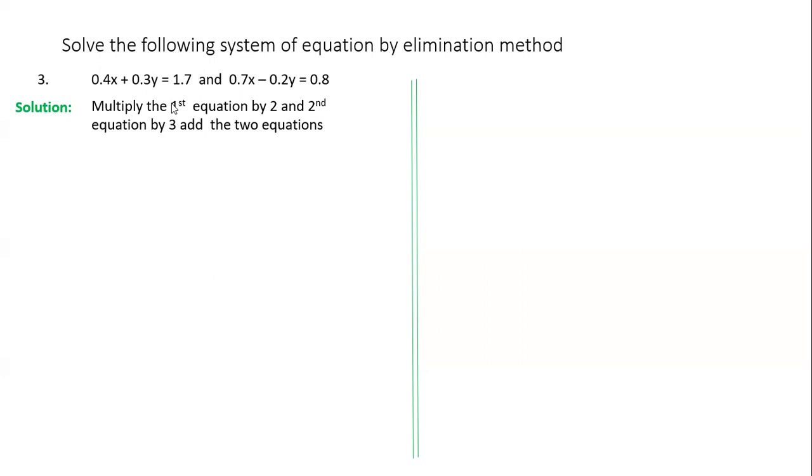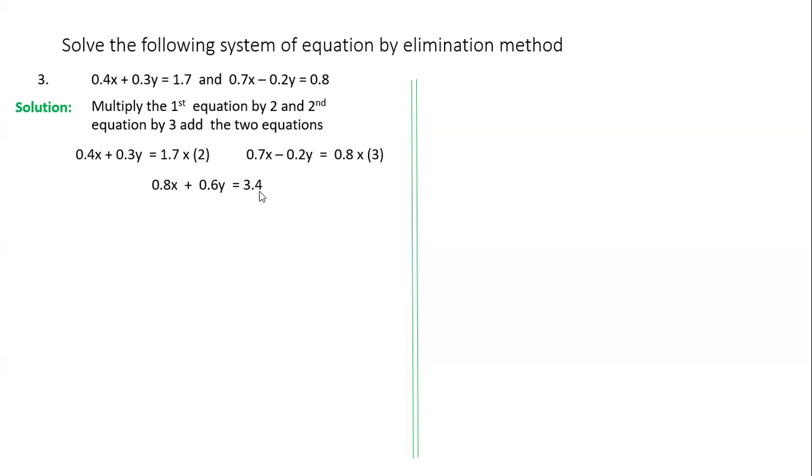Now multiply the first equation with 2. So it will be 0.4x plus 0.3y is equal to 1.7 into 2, and the second equation will be 0.7x minus 0.2y is equal to 0.8 into 3. When you multiply, 2 4s are 8, so 0.8x plus 0.6y is equal to 2 17s are 34, so 3.4.